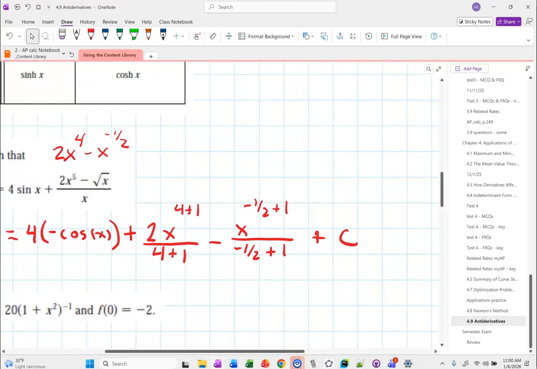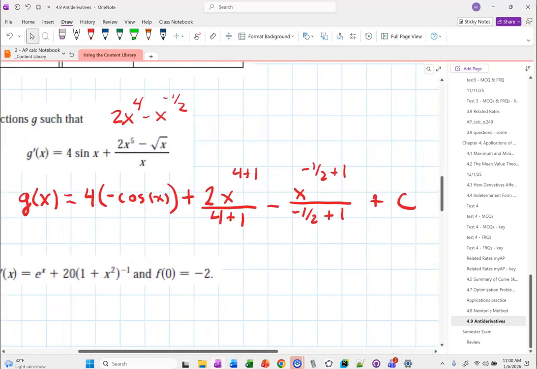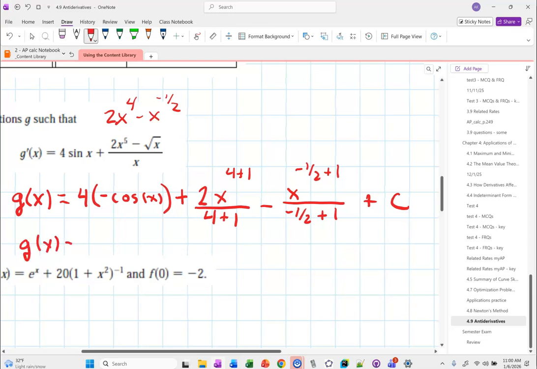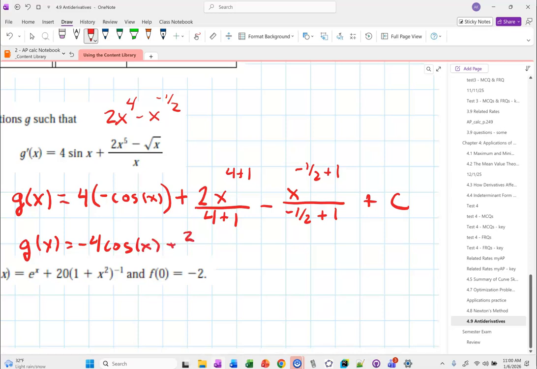And now probably want to do a little bit of cleanup here. Is everybody okay with what I did? Again, I just simplified the fractions and added stuff and distributed negatives, nothing fancy here.